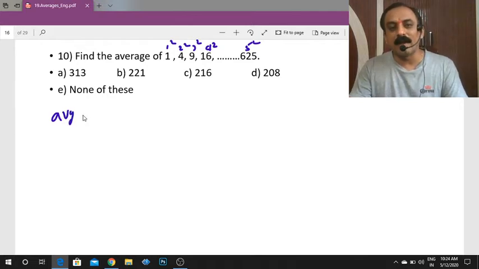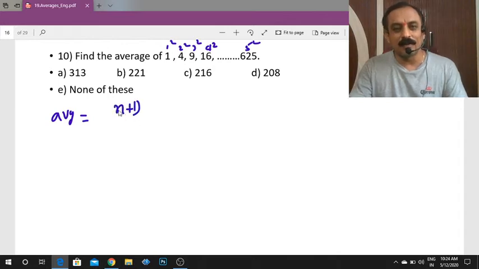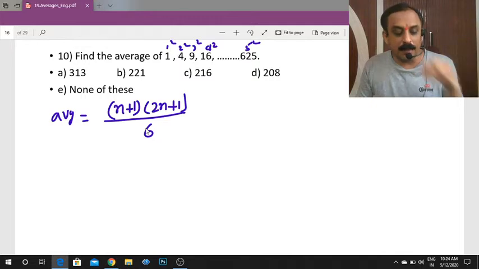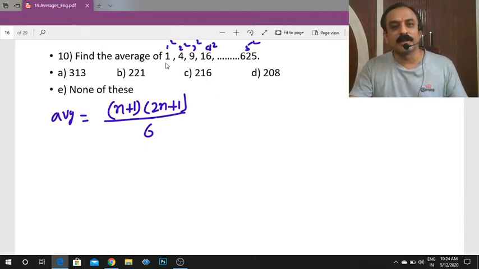The average of squares of the first n natural numbers is equal to (n plus 1) into (2n plus 1) by 6. Yeah, very good Venu. A minus d, a, a plus d is in the form of an arithmetic progression, and the nth term is a plus (n minus 1) into d.